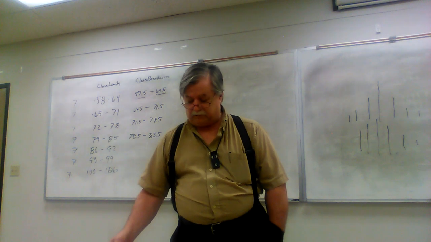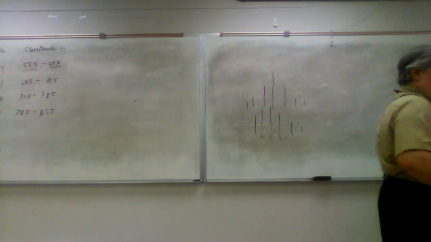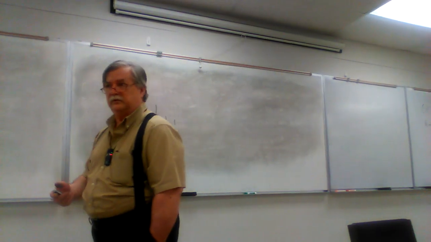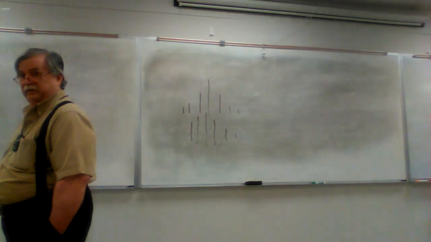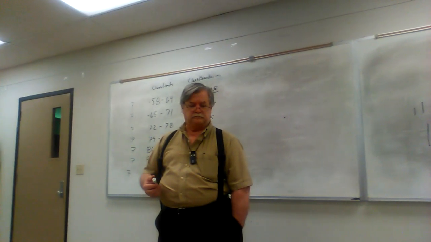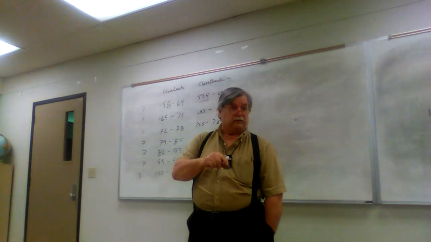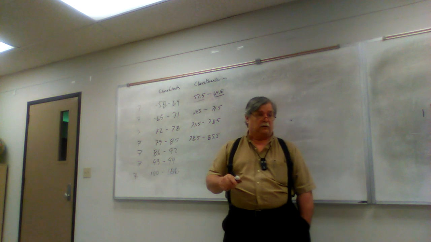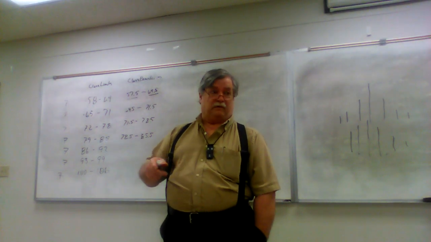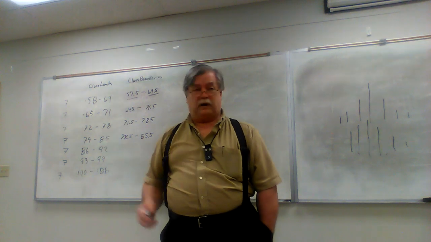Once you've determined the range, established how many classes you're going to use, and decided on a class width, in fact, if you try to make sure that your class width is an integer number, that may help you decide how many classes you want to do. If you can divide it evenly by a certain number of classes and get an integer value, great.